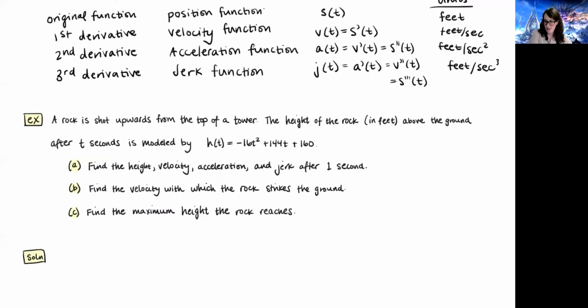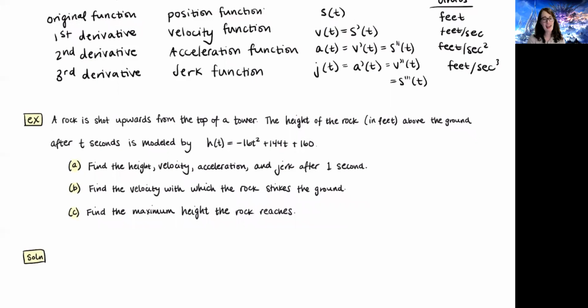The height of the rock in feet above the ground after t seconds from shooting it is modeled by h of t equals negative 16 t squared plus 144 t plus 160. Part A says find the height, velocity, acceleration, and jerk after 1 second. Part B says find the velocity with which the rock strikes the ground. And part C says find the maximum height the rock reaches.